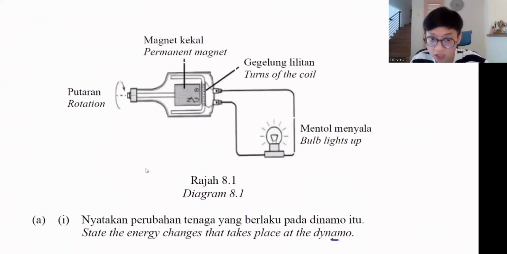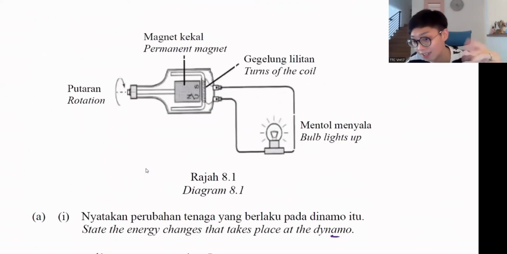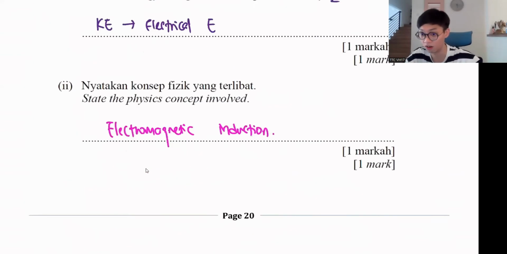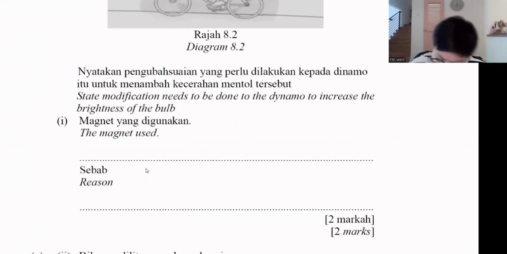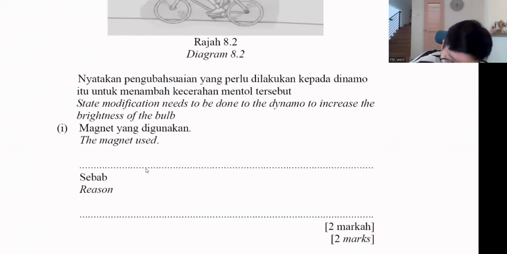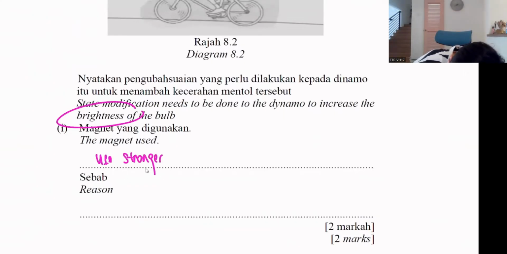Hey, Jiahao, this one is not the radial magnet, not concave. This one is not the normal one that you see. So in this case, because this is cycling, I want to increase the brightness. So here, I can say use a stronger magnet. Now here that is a problem.